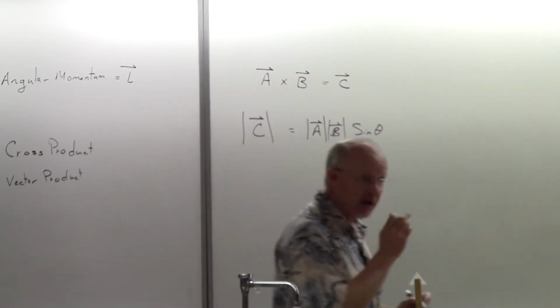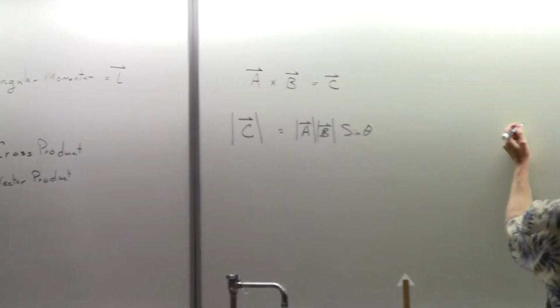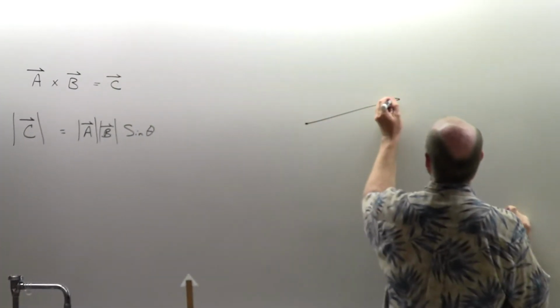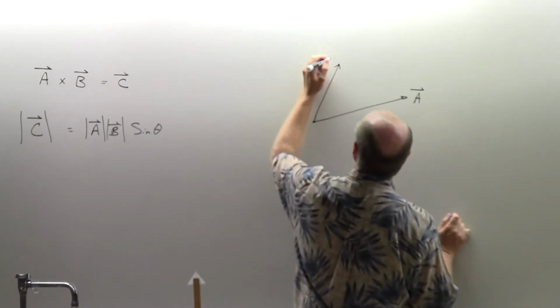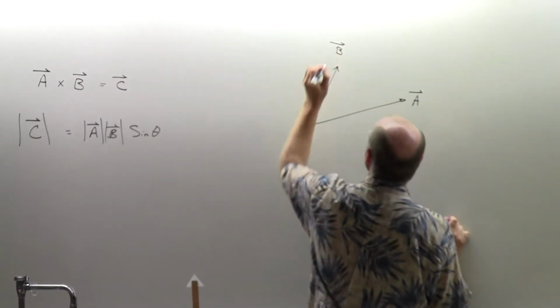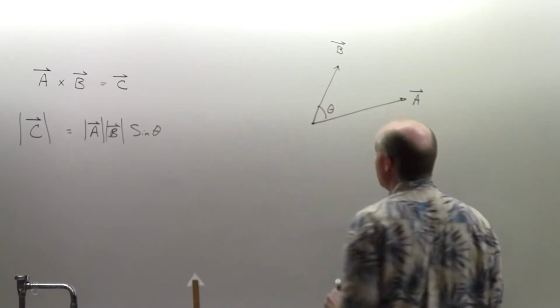Now, if I were to draw a picture, what does that mean? Say this is vector A, and this is vector B, and this is the angle between them.